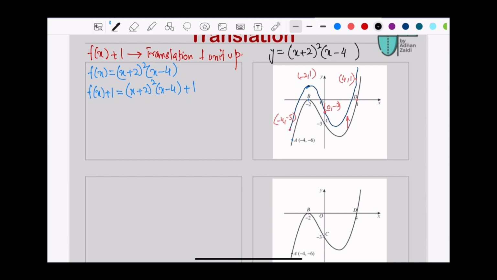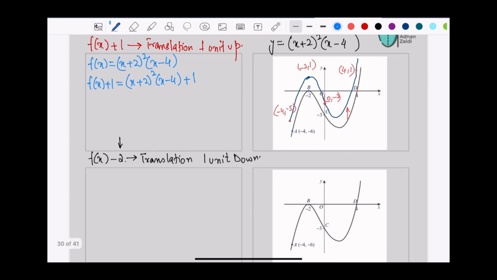So if I say f of x minus 2, I'm just randomly putting these values just to give you an idea. This is going to be a translation 1 unit down. And if it is moving 1 unit down, you're subtracting from the y coordinate.